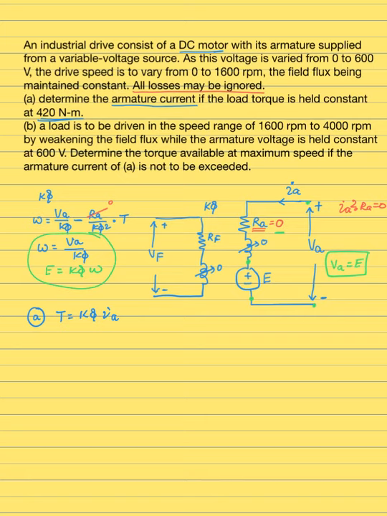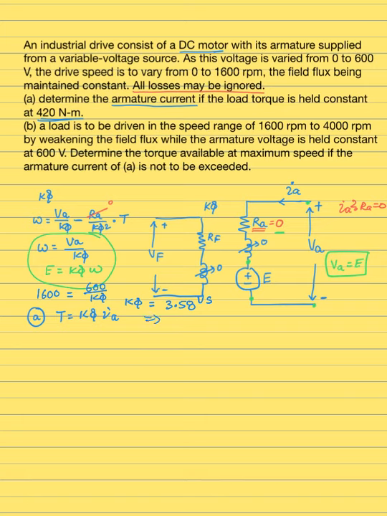So let's make use of whatever is known to us. Do we know the speed? Yes, it's going to run at 1600 RPM. So I'm going to say 1600 RPM, and the armature voltage is going to be 600 divided by K phi. So this is where you will calculate K phi, and the calculated value of K phi is 3.58 volt seconds.